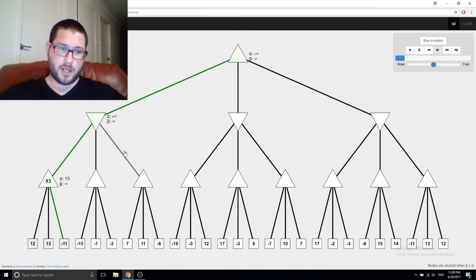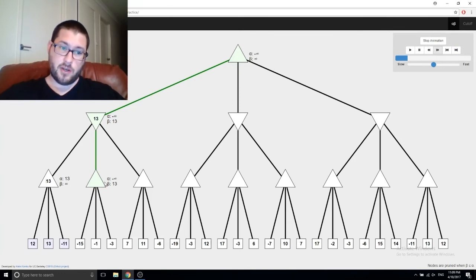But let's continue. Okay, so this beta value will be updated to 13 because 13 is smaller than infinity. Yes, and so it passes down its own alpha and its own beta to its child.